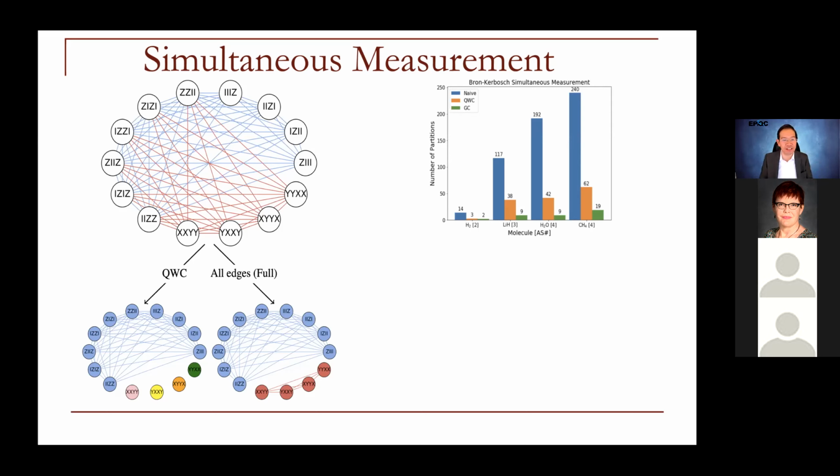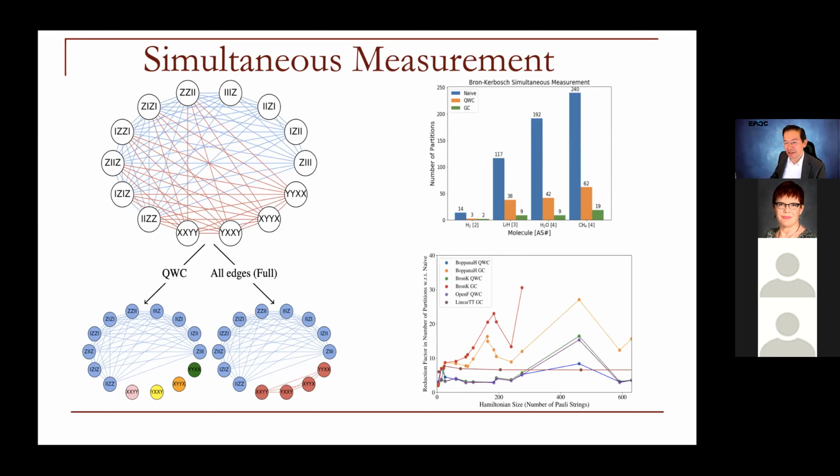The orange bar is this previous qubit-wise commutativity, and the green bar is our technique. And in fact, finding commuting groups is a hard problem, so we use heuristics. And so here are a number of heuristics that we tried that basically reduce the number of terms that we have to measure, and where higher is better here.